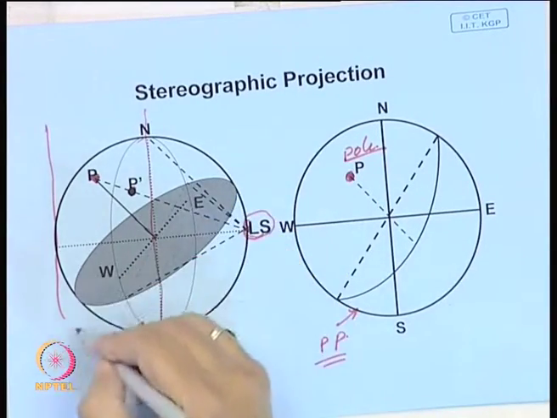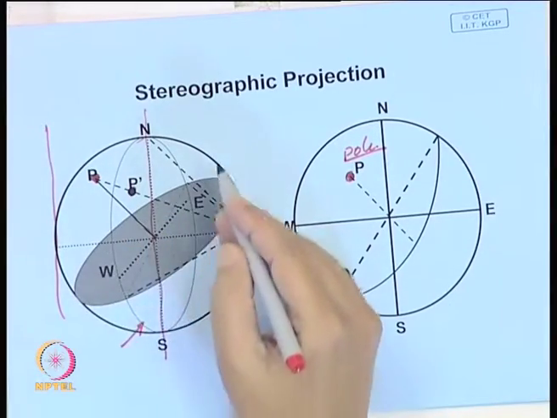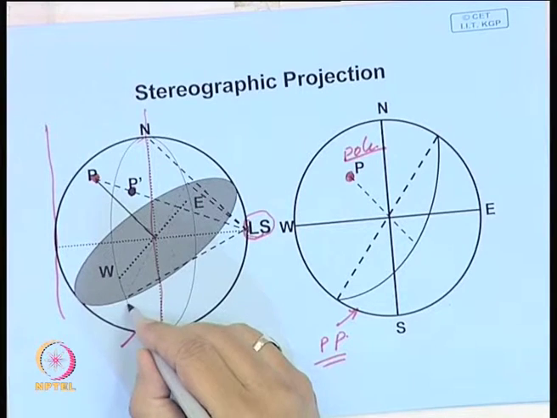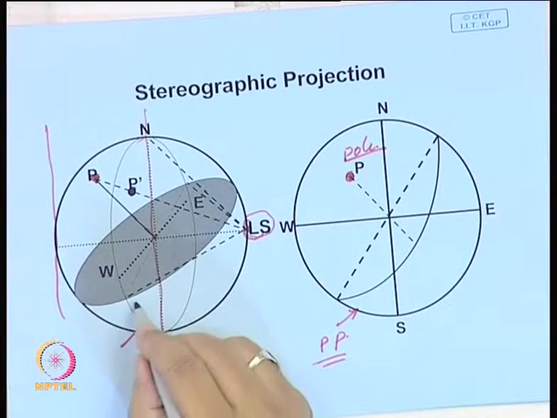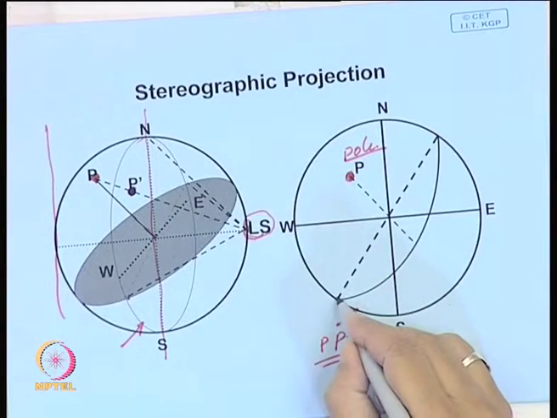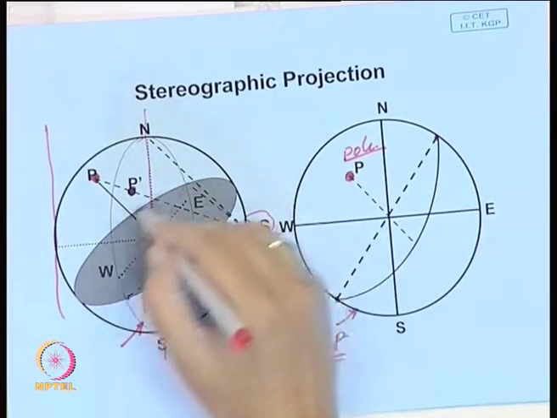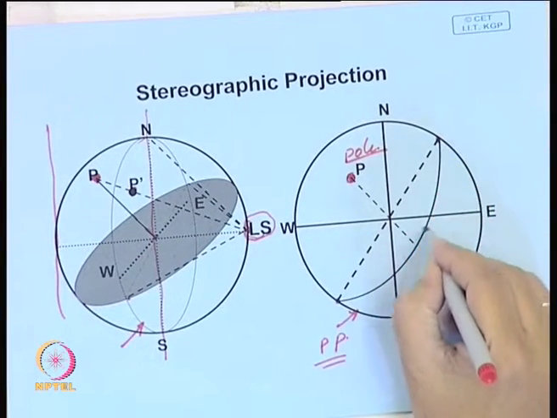Whereas this particular plane will intersect this reference sphere at certain points, which are shown here. It intersects somewhere here and here. These intersection points will come here like this, and this particular plane will get projected like this.